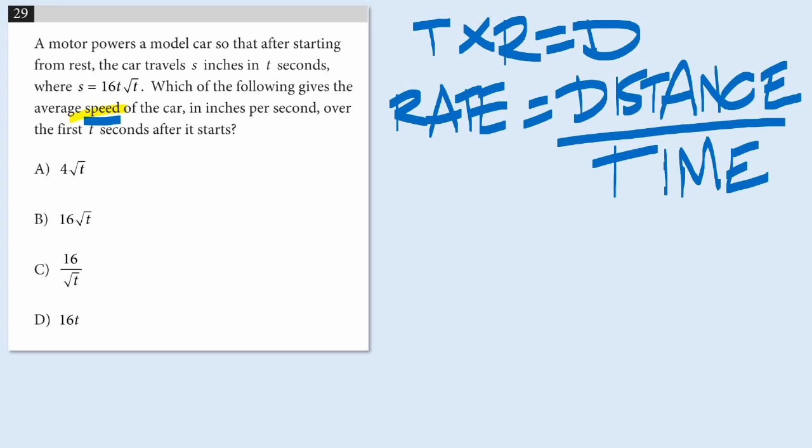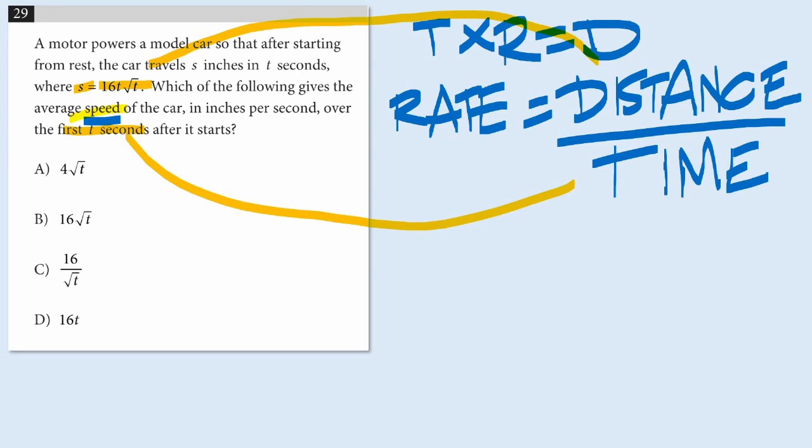So now we just need to look at the problem. They're talking about a distance represented by s, which they're telling us equals this expression. So that's the distance. And they're asking about the time of the first t seconds. So that's the time. So all we have to do is divide those two things.